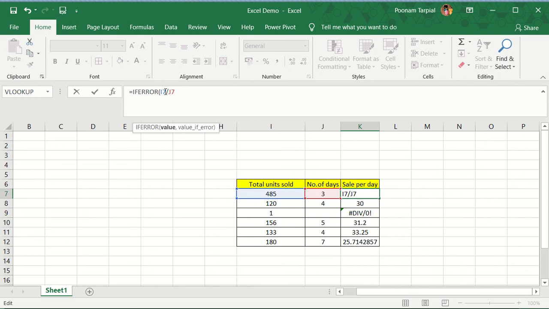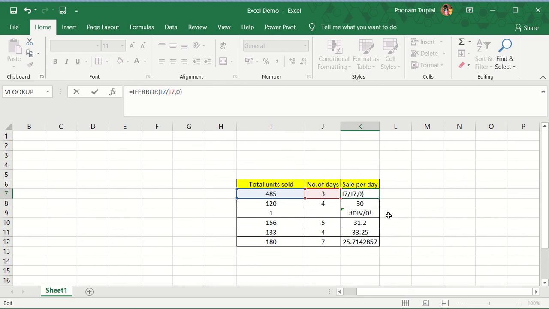I want to divide the entries in the I column with the entries in the J column, but I want to tell my Excel, please divide the entries in I by entries in J. If any cell is blank or the divisor is mistakenly either 0 or blank, please convert that entry into 0. So this is the formula that I'm going to use as a solution to this division error, which should not pop up.